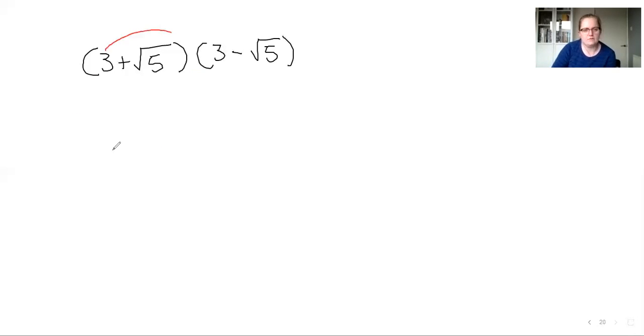So we're going to start off like this. We're going to do 3 multiplied by 3, which will give you 9. 3 multiplied by negative root 5 will give you negative 3 root 5. There's nothing to multiply together there.